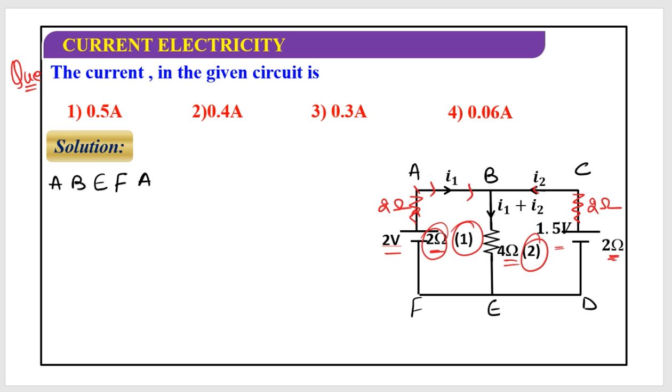From A to B, nothing to be written. From B to E, it is 4 multiplied by I1 plus I2. From E to F, nothing to be written.